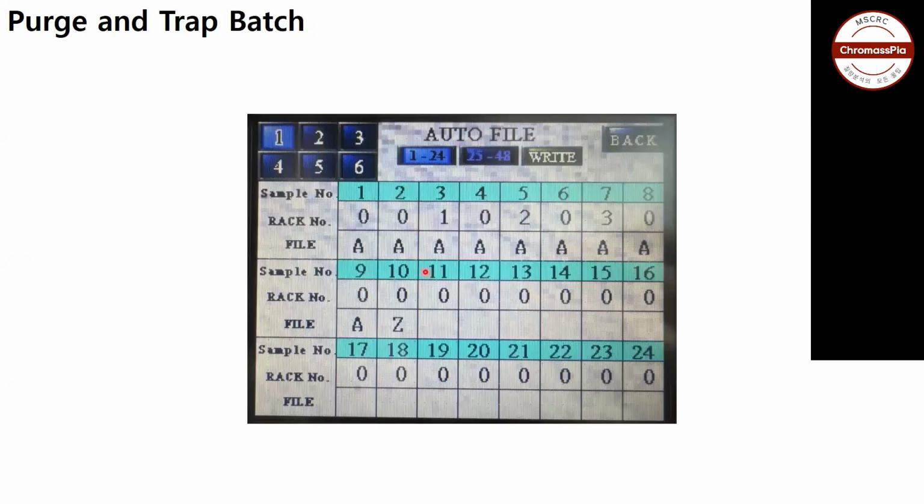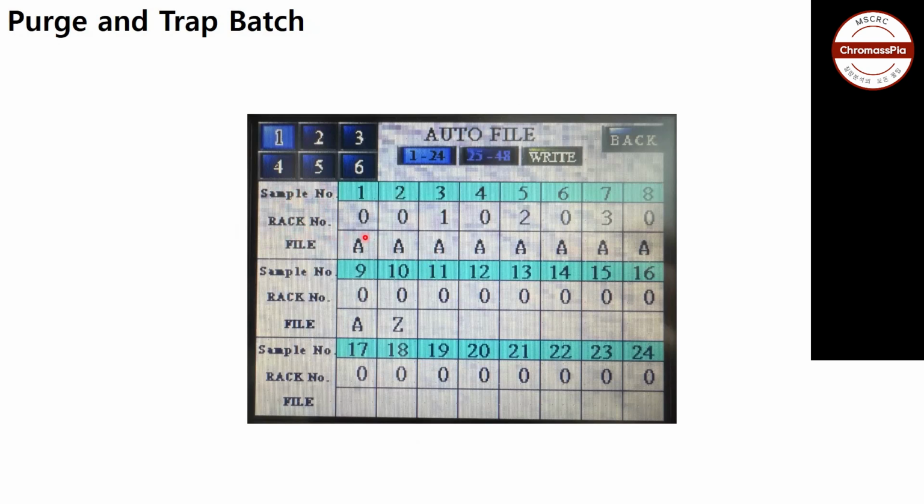And since our laboratory device is equipped with an autosampler, we also set up the sample analysis batch. Sample number represents the analysis sequence, and rec number corresponds to the location number of the sample tube.